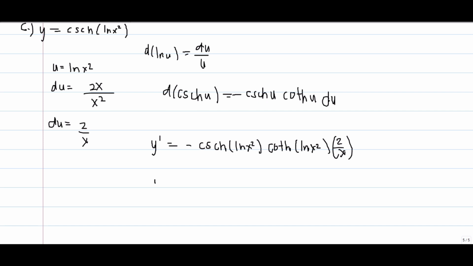Okay, so to finalize our answer, we have negative 2 over x times csch of ln x squared, times coth of ln x squared. Okay, so that is the final answer.